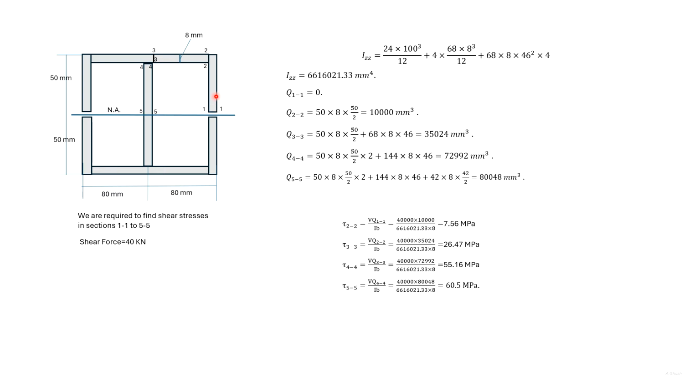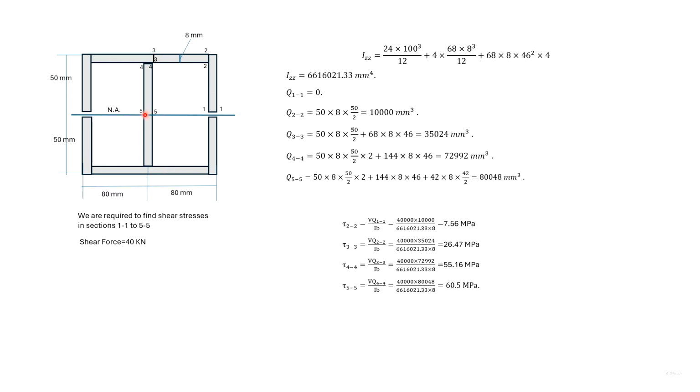We consider the Q of the vertical portions and the horizontal portion separately. For the horizontal portion, the whole length is 160 millimeter, and we take 8 millimeter on either side, and we end up with 144 millimeter.